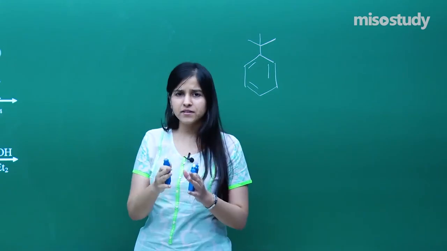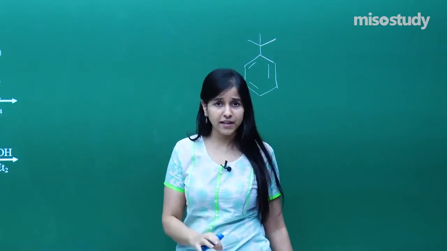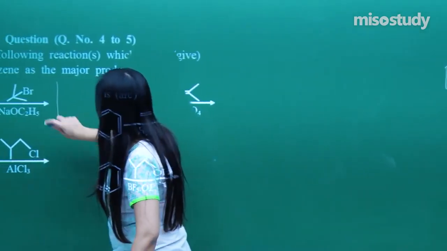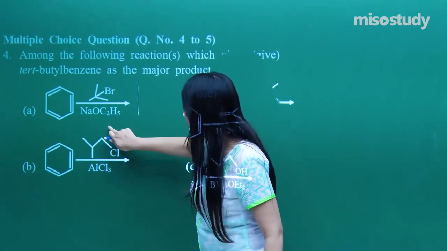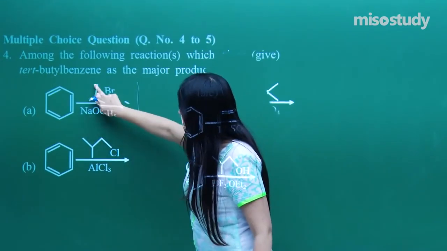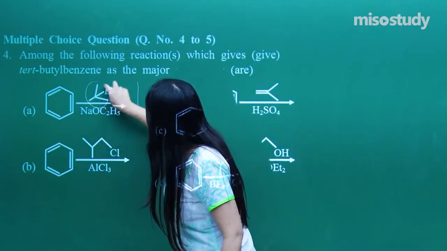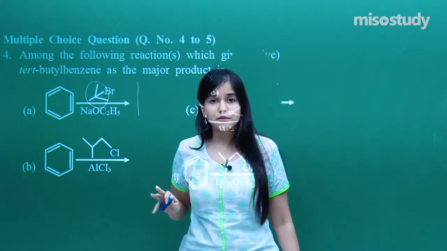So let us quickly pick all the types of reactions and try to find out the products, whether we are getting the same or not. So here what do we have? In the very first, benzene gets reacted with a compound like this. It is tertiary butyl bromide, with NaOC2H5, that is the base we have taken.